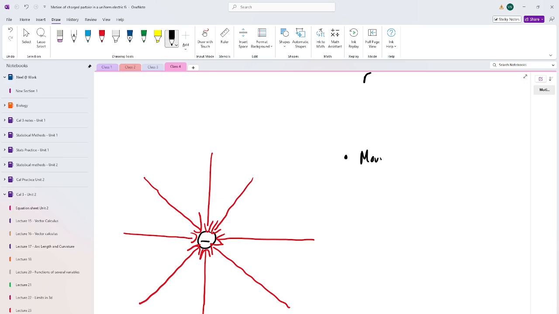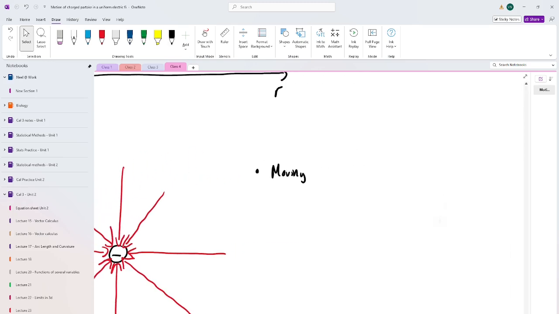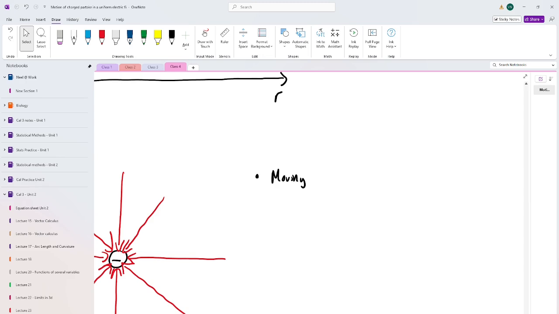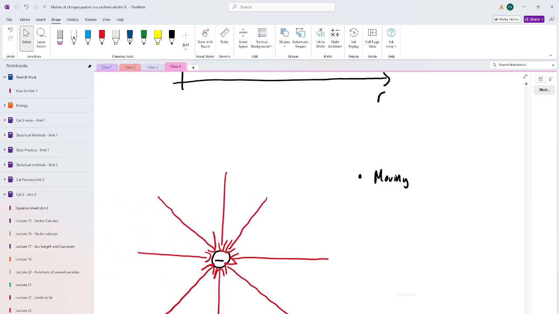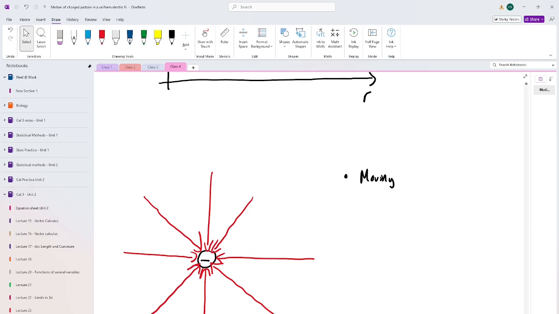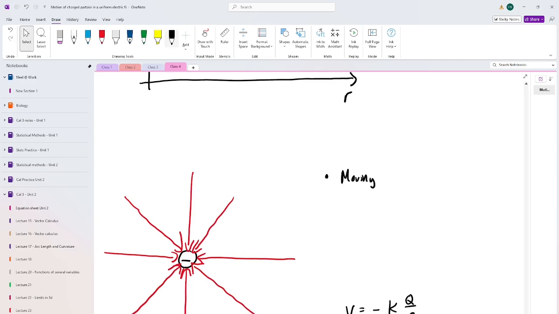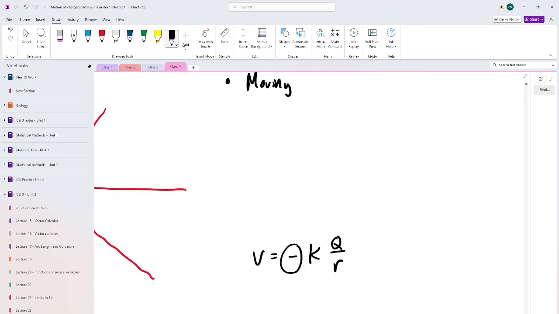Moving with the E field decreases the electric potential. I say decreases, but here the magnitude is increasing, right? Because V is equal to minus K Q over R. When I say the opposite, I'm talking about the magnitude. In terms of the rules, they're still the same, right? Moving with the E field still decreases the electric potential, because I have a negative sign here.